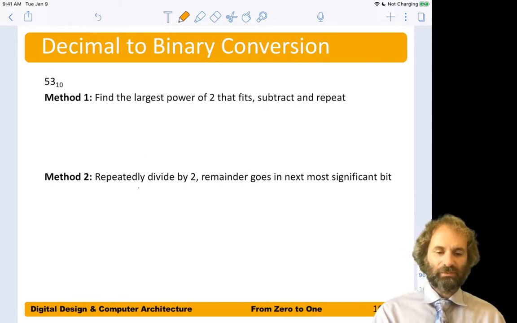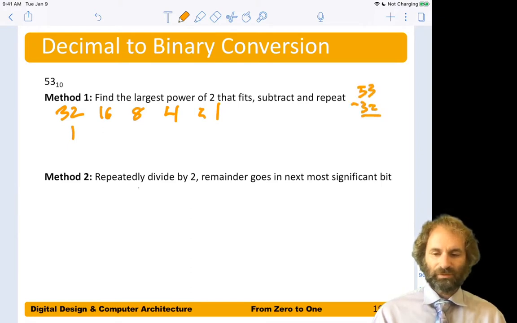So let's suppose we wanted to convert 53 to binary. Again, we have the 32, 16, 8, 4, 2, and 1. 32 is less than 53, so we need one of those.